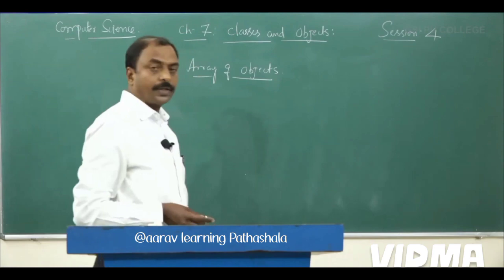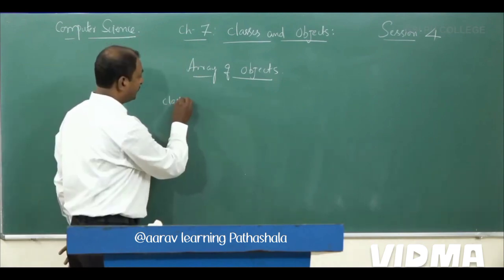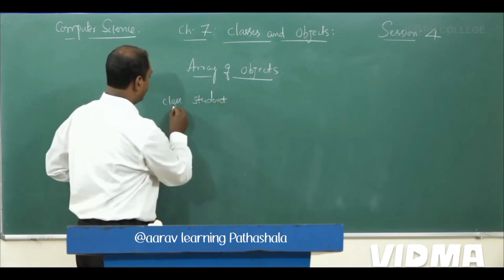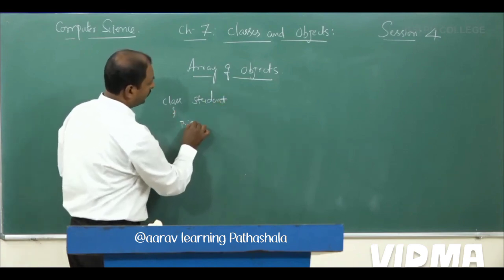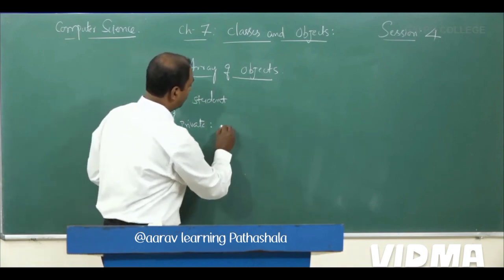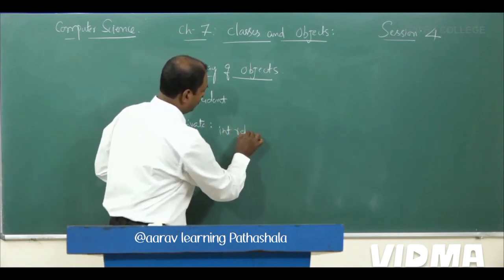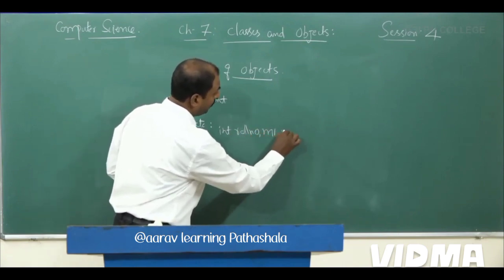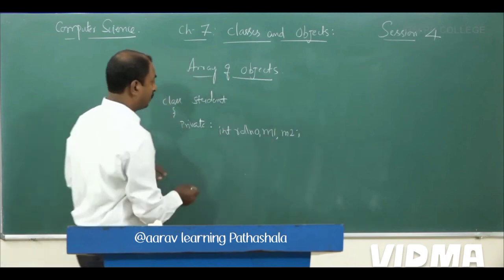For example, class student. Under private access specifier, I say int roll number, marks 1 and marks 2, semicolon.